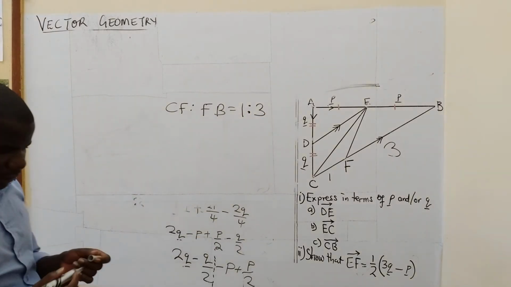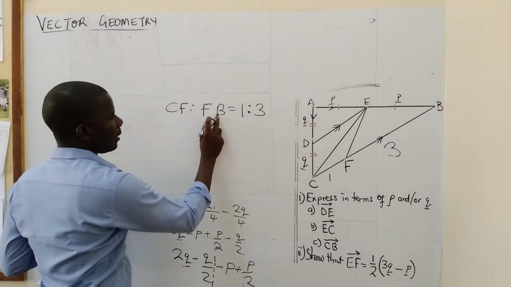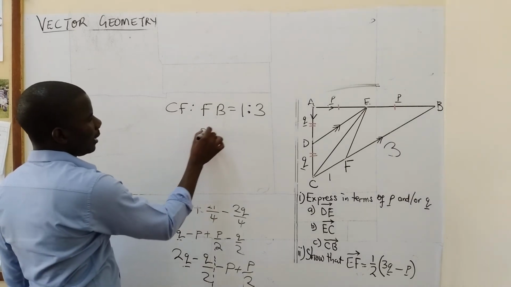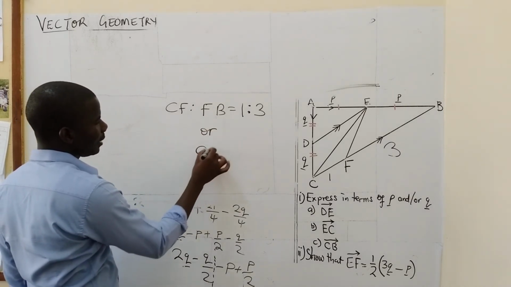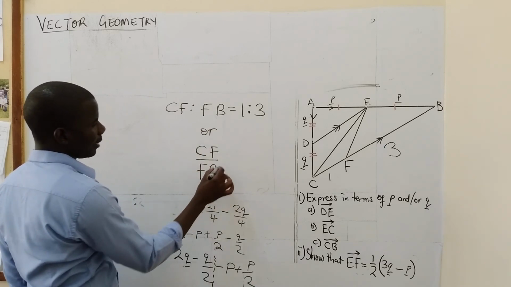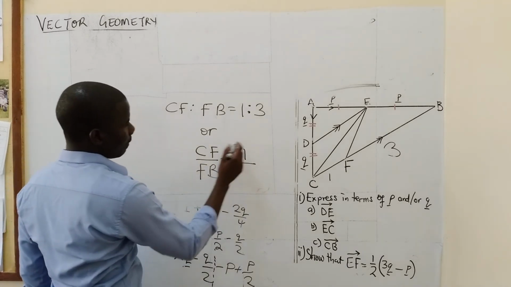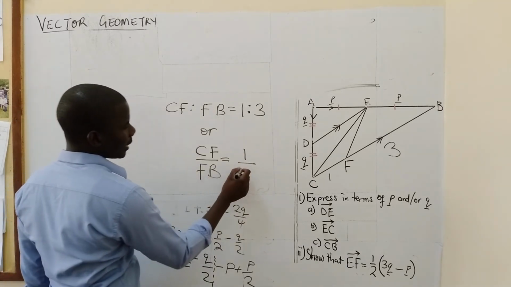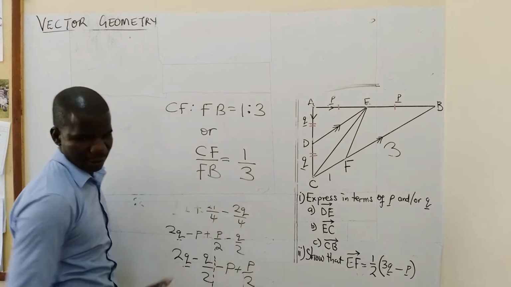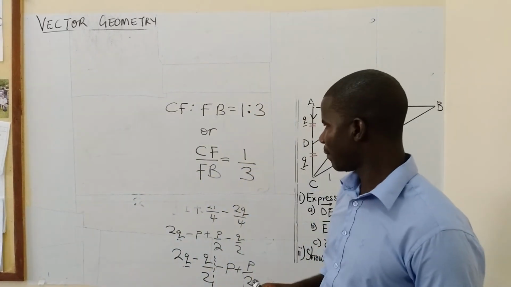In some questions, you're going to find that this interpretation is also written in this way, where they say CF over FB. These are two ratios. CF goes with 1, FB goes with 3. These are one and the same thing, so your understanding and interpretation of the ratios is one and the same.